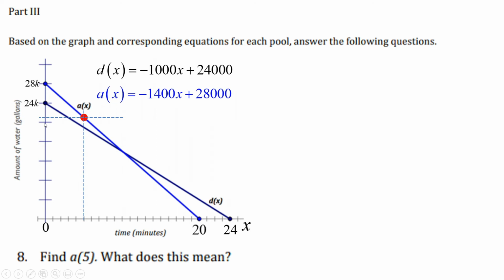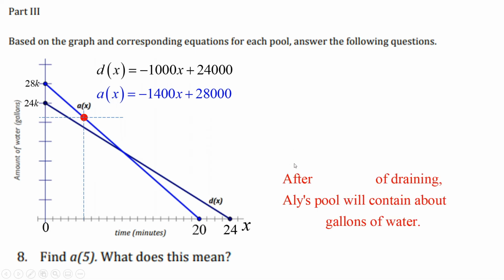If this is 20,000 and this is 24,000, that looks like it would be approximately 21,000. So, for A of 5, that 5 means 5 minutes of draining, Allie's pool will contain about 21,000 gallons of water.